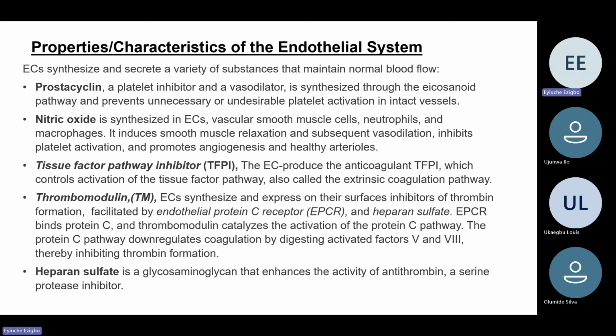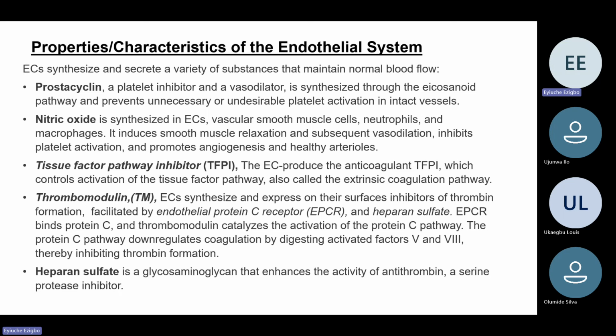This structural arrangement of the endothelial cells provides the smooth inner surface of the blood vessels that prevents harmful turbulence that otherwise may activate platelets and coagulation enzymes. So the structural arrangement also ensures that blood flows in a fluid form.